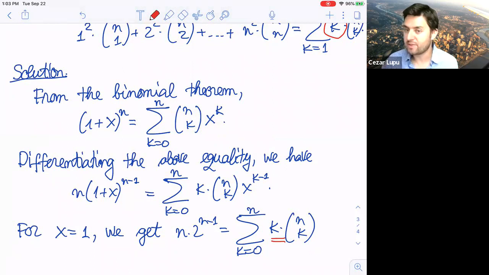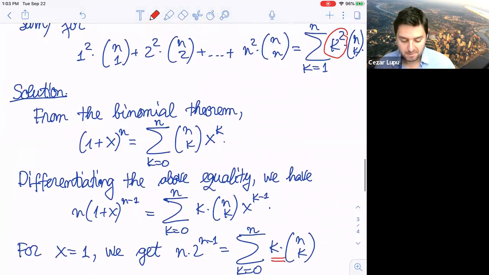So maybe I should do something. How do I get that k squared? What do you think? Maybe, well, I differentiated once, but who tells me that I cannot differentiate twice, right? Let's differentiate again.